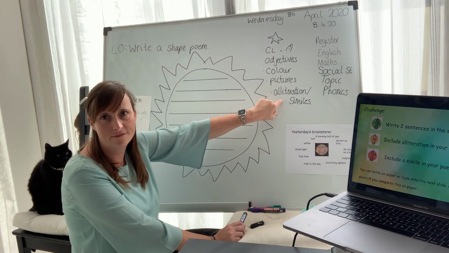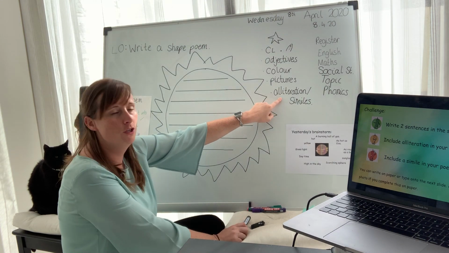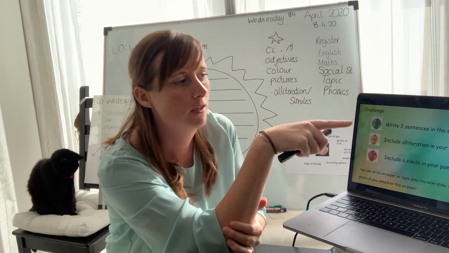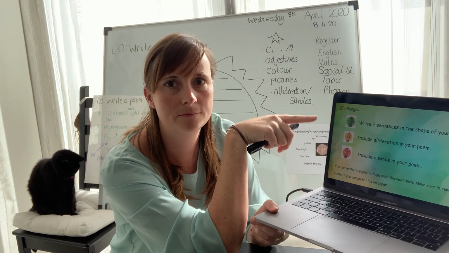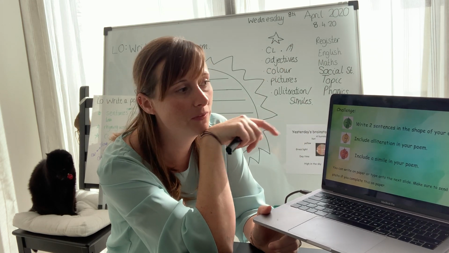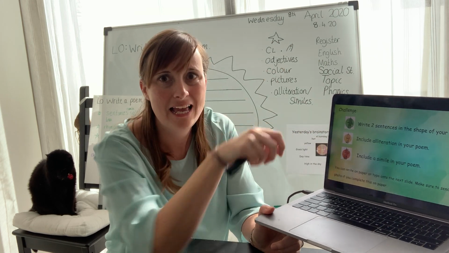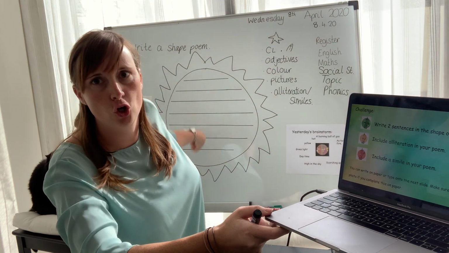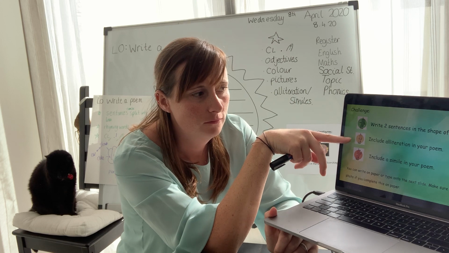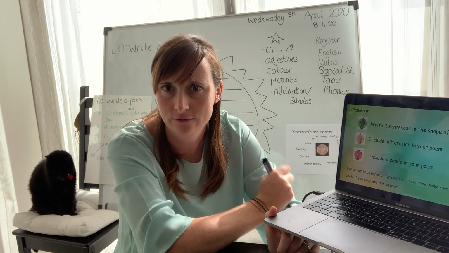And then of course the challenge is to try and use alliteration and similes. So that is what's up on here. So everyone today is going to be writing at least two, you can do more if you want, at least two sentences inside your object shape. The middle challenge is to try and use alliteration.